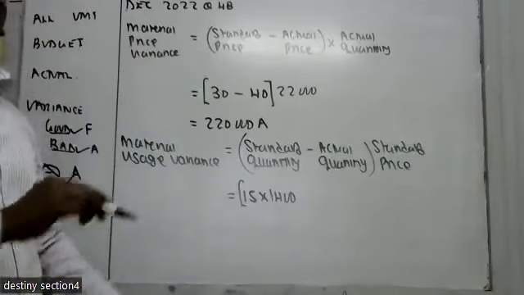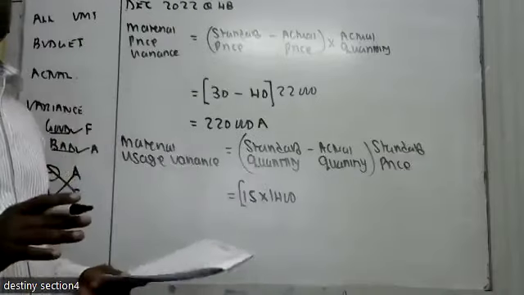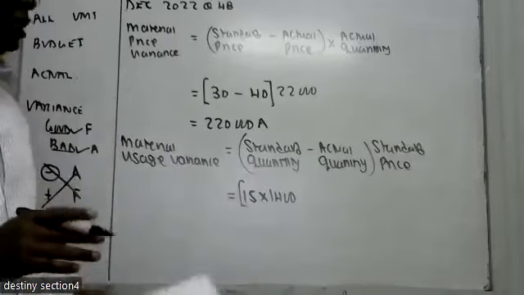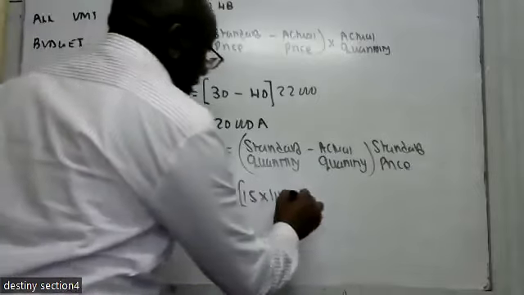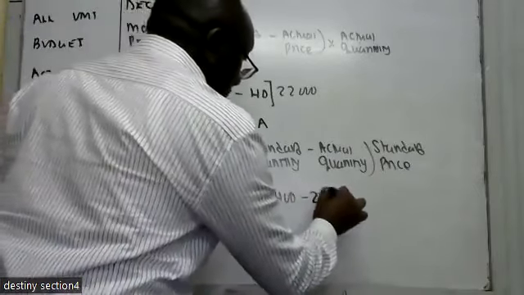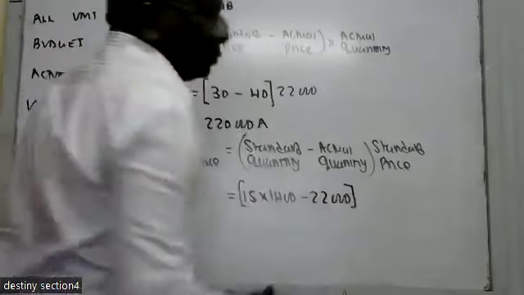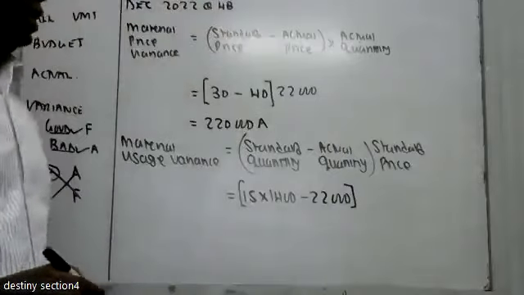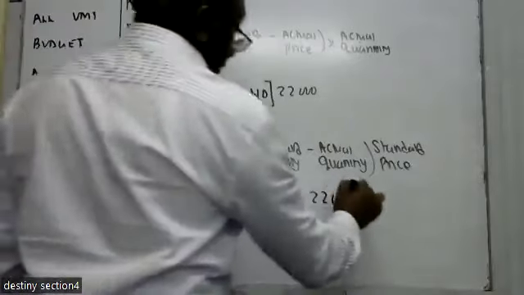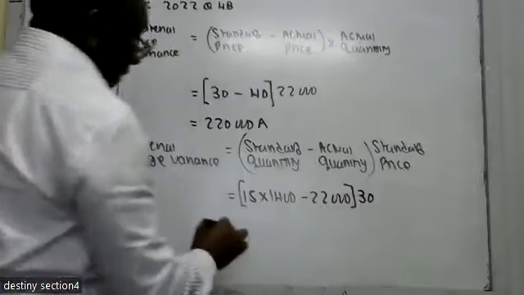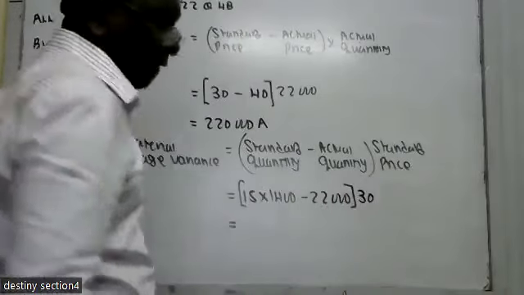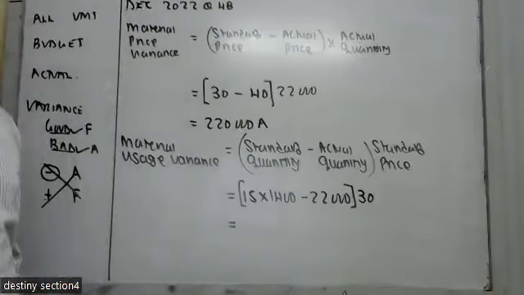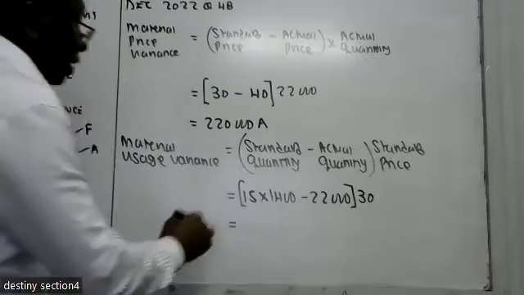So that now gives you the total standard, what we should have used. You compare with what was actually used, 22,000. At a standard price of that. $30,000.